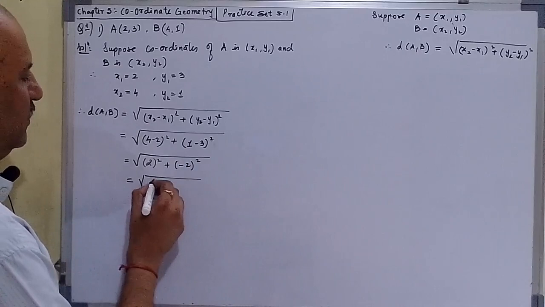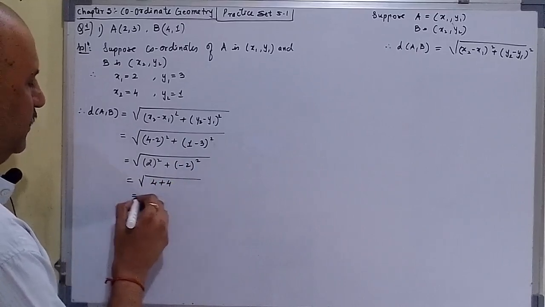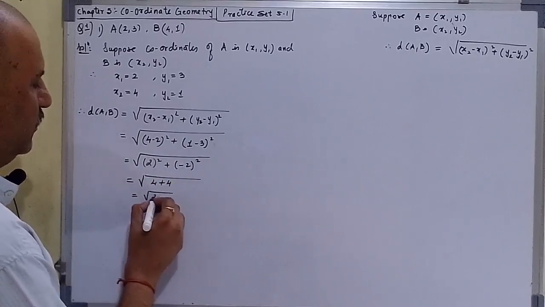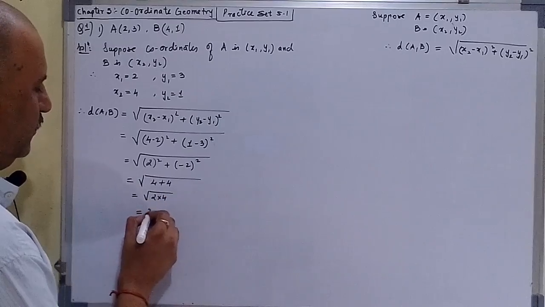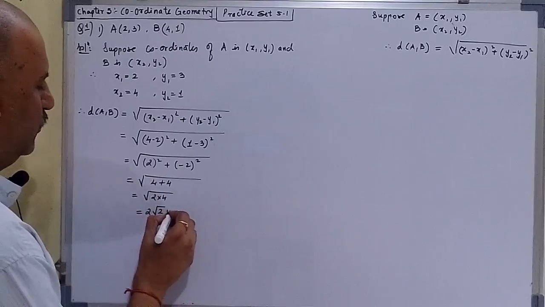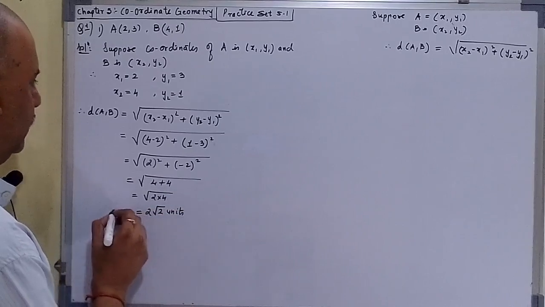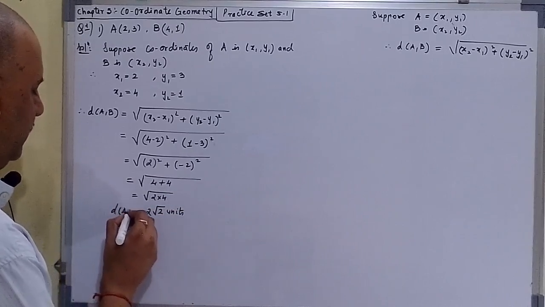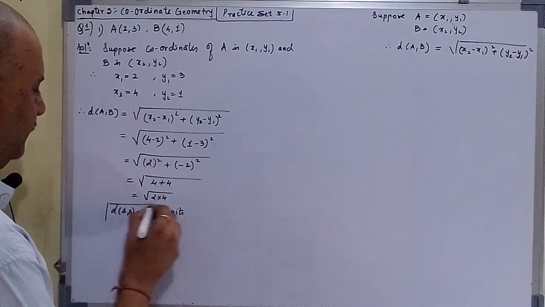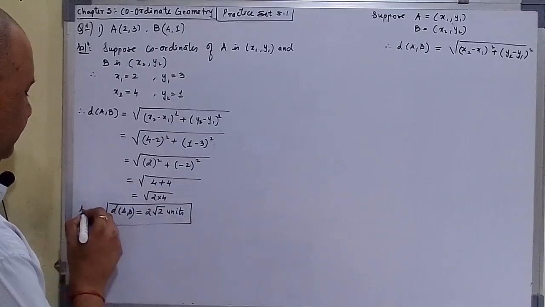So this will be 4 plus 4, 8, which is 2 into 4, so 2 root 2 units, distance AB. This is its answer.